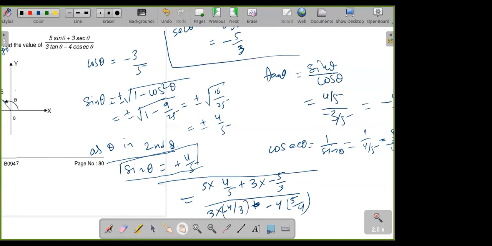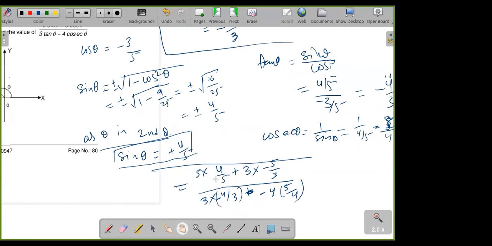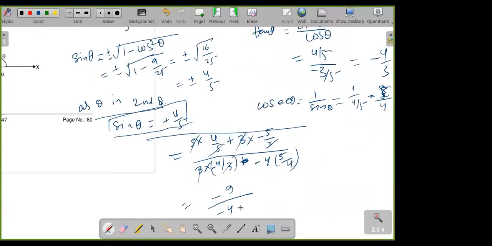It may be, I did not solve it. -9, and here 3 -4, and -5. It is coming 1. Am I doing anything wrong?